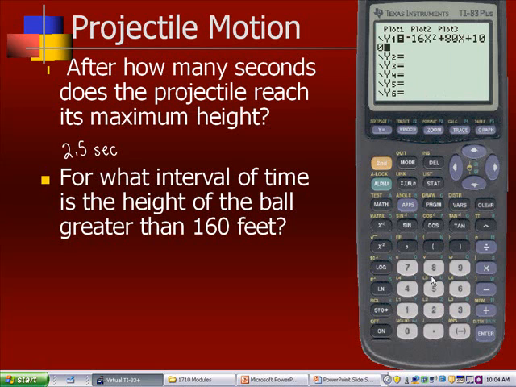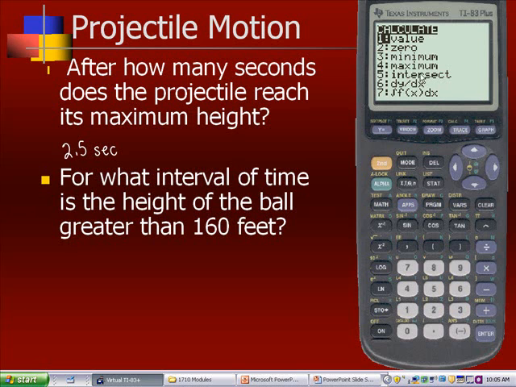So if we went to Y equals a Y2 of 160, graph that. So we're looking for the seconds from here to here. Well, we can find this point. Second, calculate where they intersect. Enter, enter, enter. That gives us the second one of 4.0, so basically 4 seconds. Now let's find the other one.